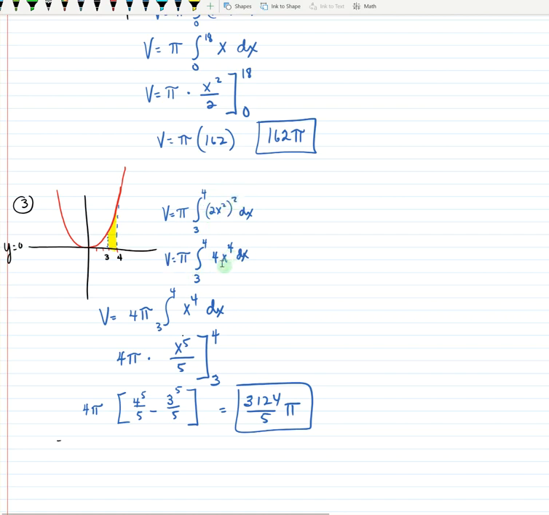And so that's 4x to the 4th. When you integrate that, you can pull out the 4. You're integrating x to the 4th, which becomes x to the 5th over 5. We are plugging in both the 4 and the 3. And so that is done here. Those numbers, and then multiply by 4, end up with 3124 over 5 pi. If you do that with Math 9, you do need to convert that fraction back. Okay.